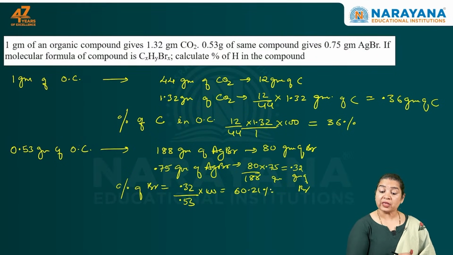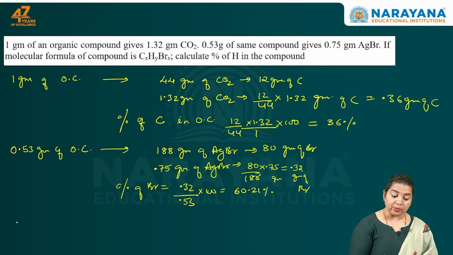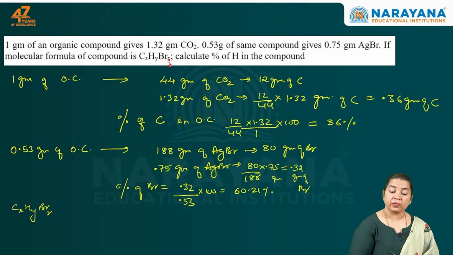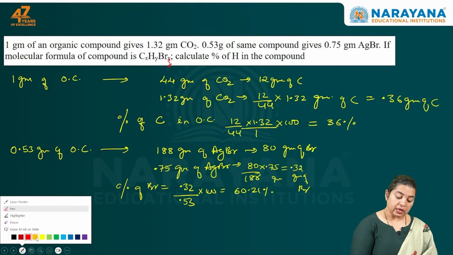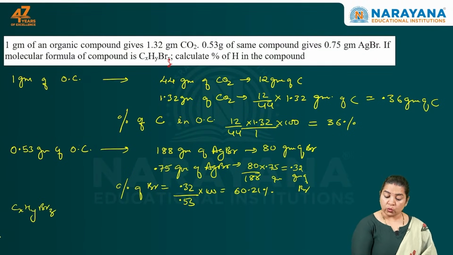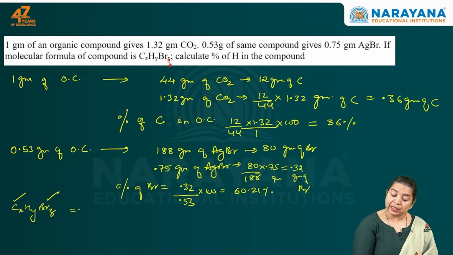Now, the question says that if the molecular formula is CxHyBrz, we have to find the percentage of hydrogen. We have already found the other two, carbon and bromine, and the total percentage has to be 100.